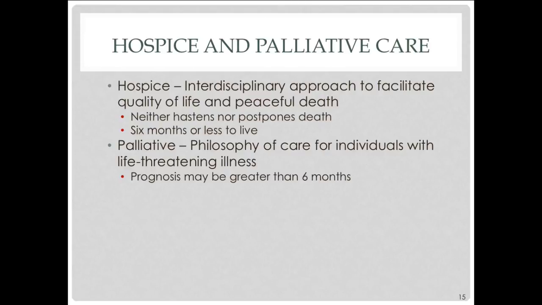And then families come to the understanding that they're getting quantity, but they're not getting quality. So their loved one is in a lot of pain, isn't really able to respond or be involved or get out of bed or care for themselves, or the quality of life that loved one once had is totally gone.